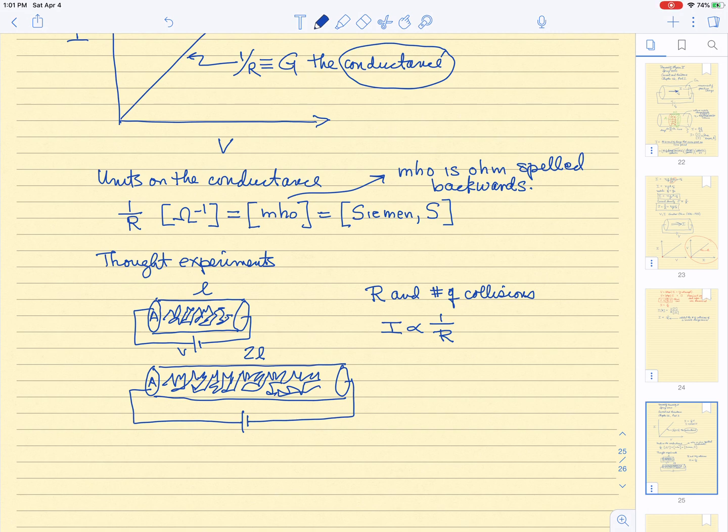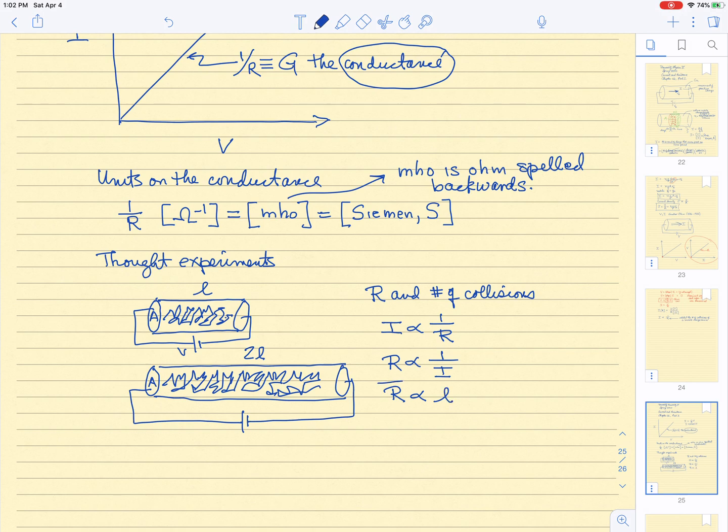Because R is related to the number of collisions. Which means that the resistance is inversely proportional to the current, and that the resistance is going to be proportional to the length, okay?